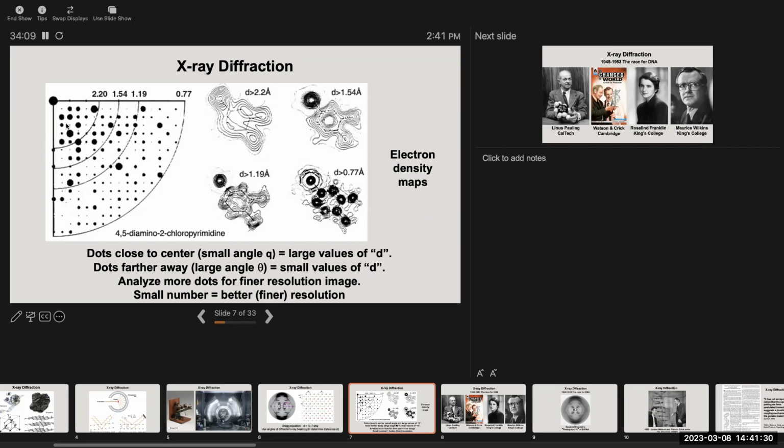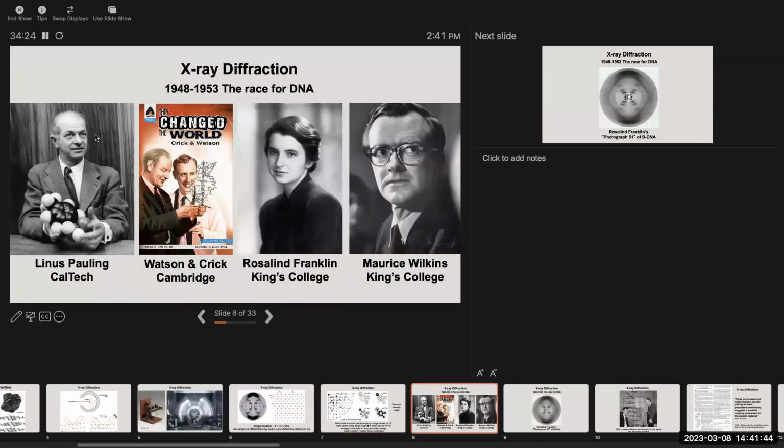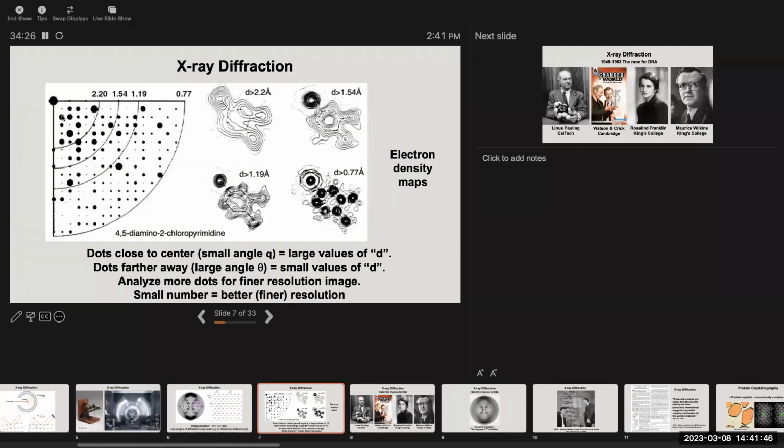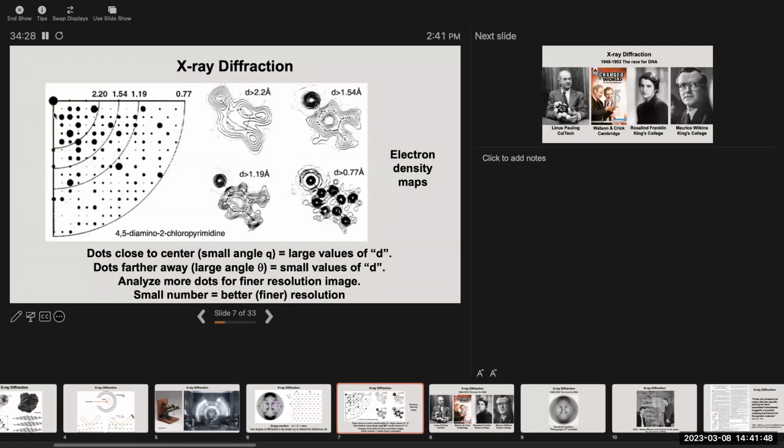So one way that crystallographers simplified the process of converting these dots into a molecular structure is they started out by just looking at the smaller values for the angle theta.